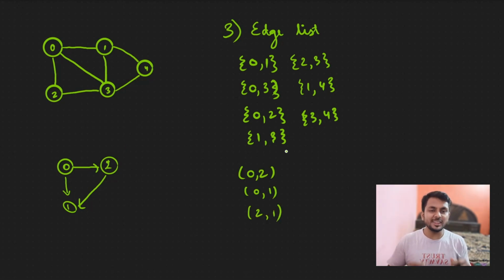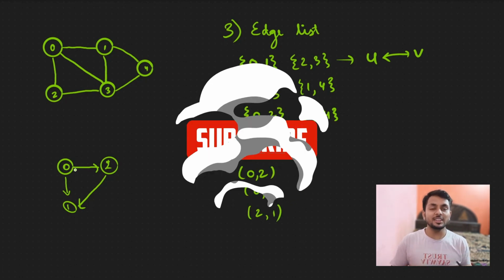As you can see, there is a minor difference in the brackets. This means it is an unordered pair: if there is an edge from u to v, then there will be an edge from v to u as well. So this is our edge list of the undirected graph, and this is our edge list of the directed graph.